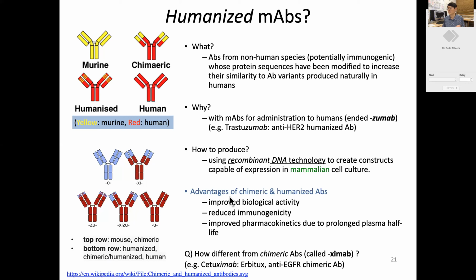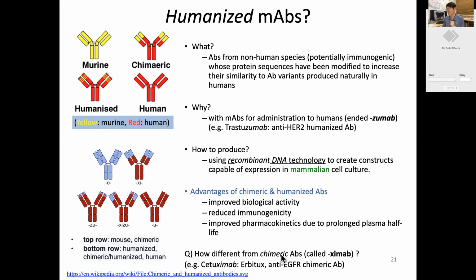So what are the advantages of chimeric and humanized antibody? Because now we have this, it will have good biological activity of binding. And because this antibody is humanized, it will reduce immunogenicity. And because of that, inside circulation, it will last longer. So that means it improves pharmacokinetics because of the prolonged plasma half-life.